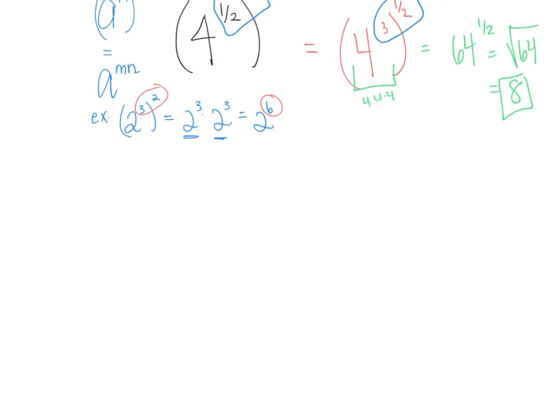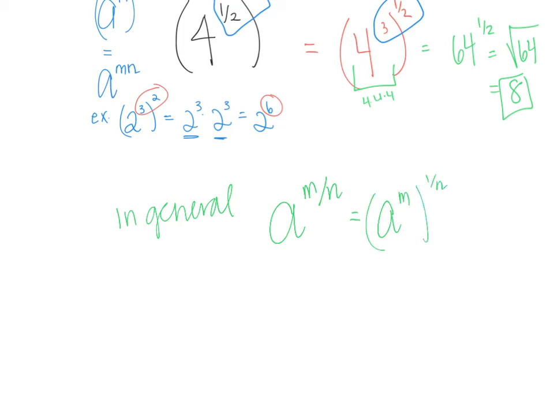In general, we can write that if you have something like a to the m over n, this means that you can either see it as a to the m to the 1 over n, where again this is going to be our index, so that's doing the power first. Or you can take it as a to the 1 over n, so do the index, the root first, and then take it to the power.